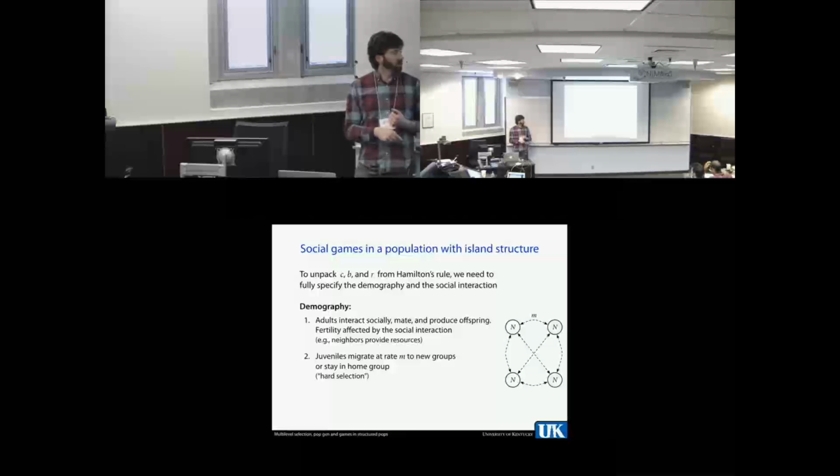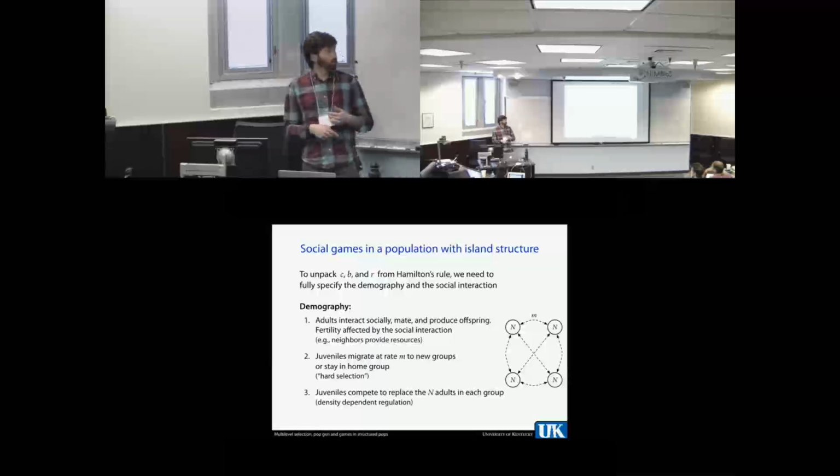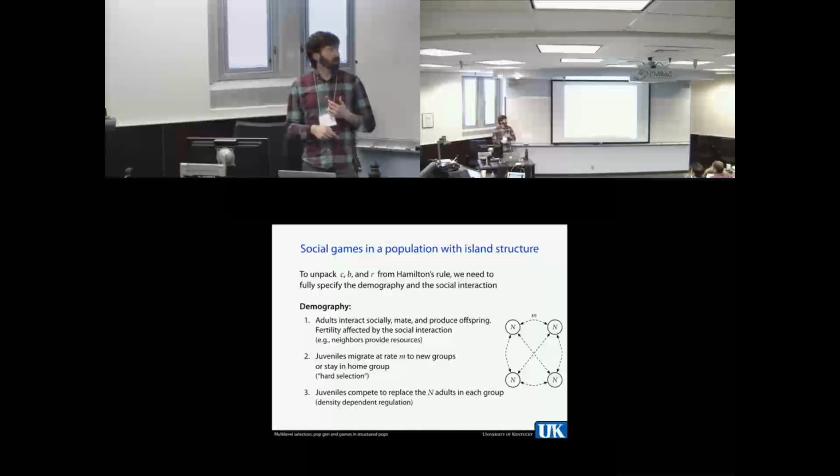This kind of demography takes a name called hard selection. We'll talk about this in a second. And then finally, once juveniles arrive in their new group, or if they stayed in their natal group, they're going to compete for the n different patches that are available in that group to be adults in the next generation. So there's going to be a complete turnover of the population. So the generations are non-overlapping.